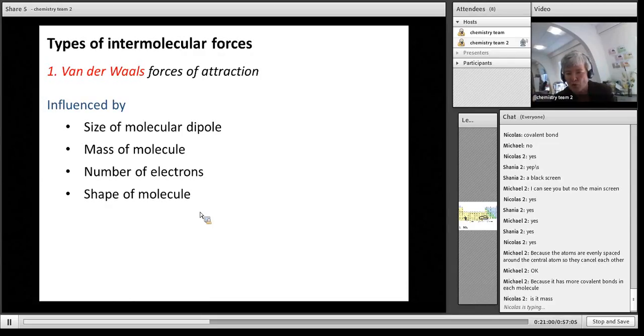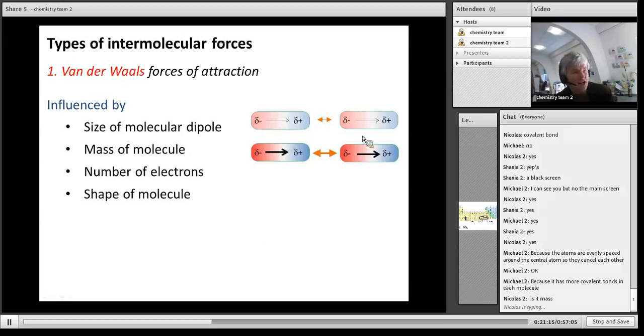They tend to be more straight, so they can pack more closely and form stronger bonds of attraction, whereas the plant ones tend to be more crooked, so they can't pack as well, and so it's got a lower melting point. So here I've tried to show not a very big dipole, and then here a much bigger dipole, so the force of attraction is stronger.